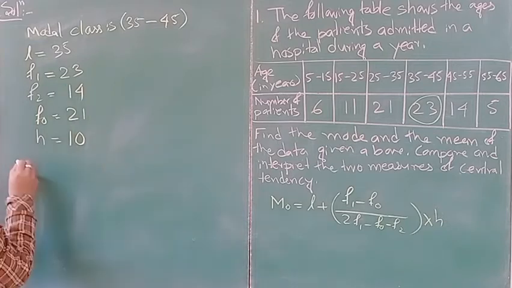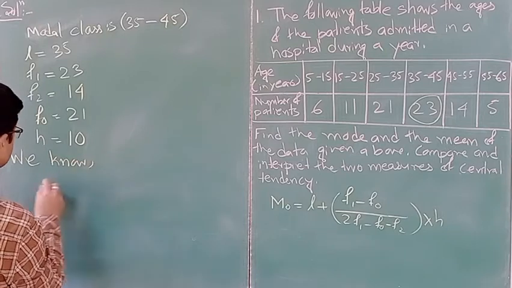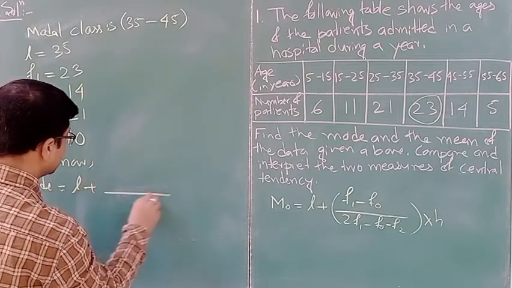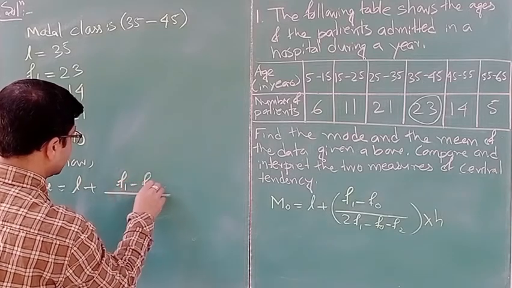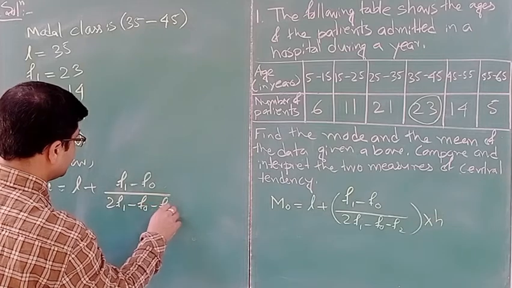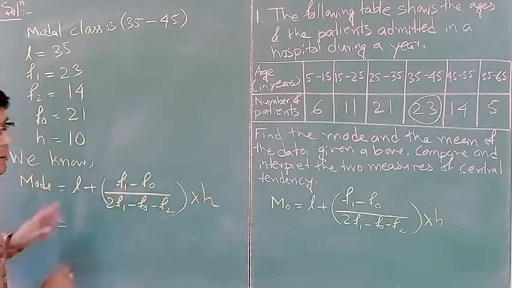Now let us write that formula again. We know mode equals L plus (F1 minus F0) divided by (2F1 minus F0 minus F2), into H. Let us substitute the values here.